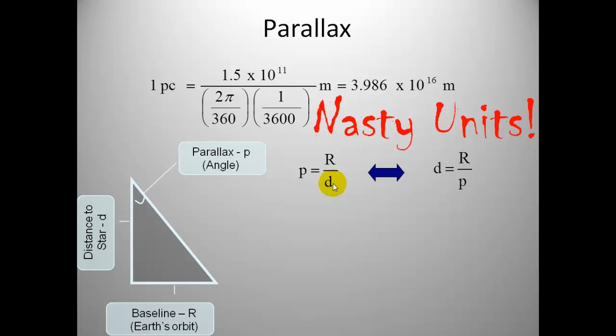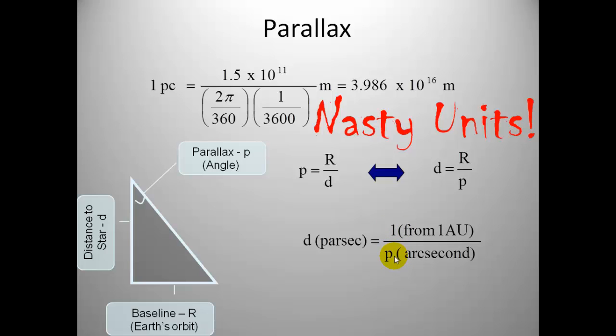We rearrange slightly and swap p and d around, and we have this formula: the distance in parsecs is equal to 1, which is 1 astronomical unit, divided by the parallax angle in arc seconds. This is how we define the parsec. 1 parsec is where 1 astronomical unit subtends an angle of 1 arc second. This is how we can define the unit.